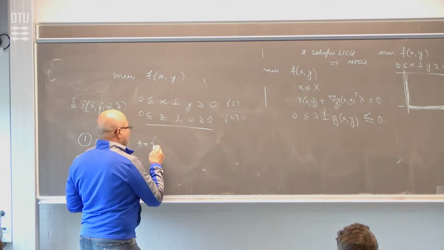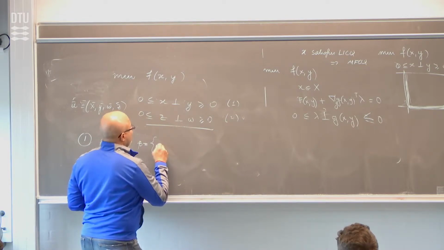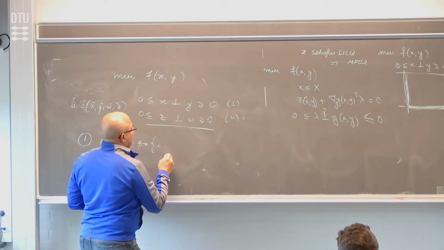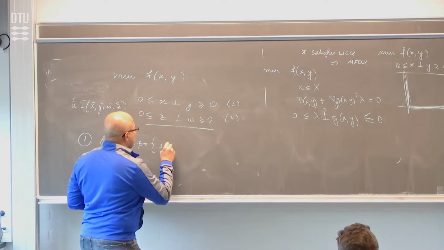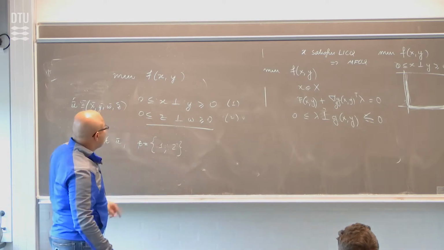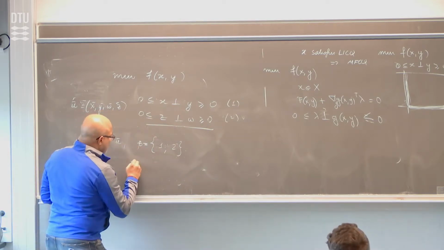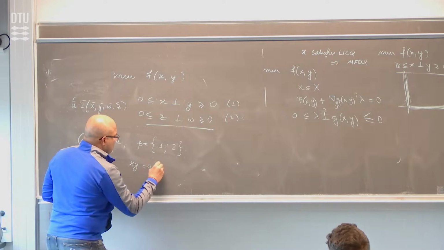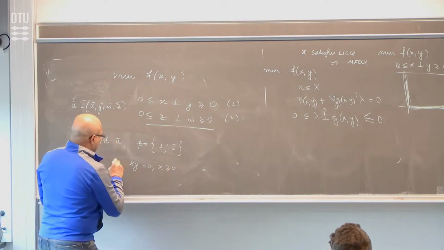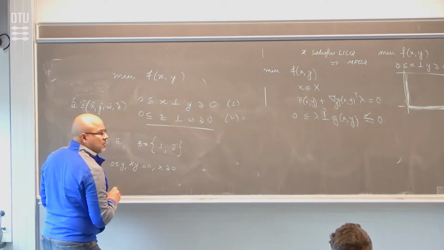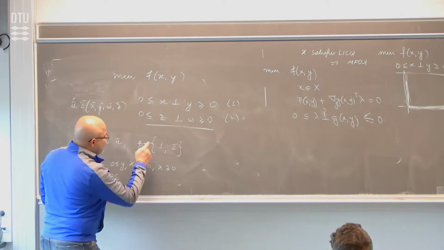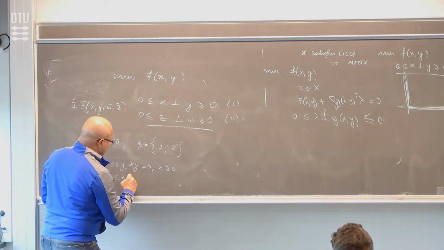Beta is actually going to be the set of indices 1 comma 2. So both of these at this point, what you have is xy equals 0, x non-negative, y non-negative, right? So these are jointly complementary. Okay.